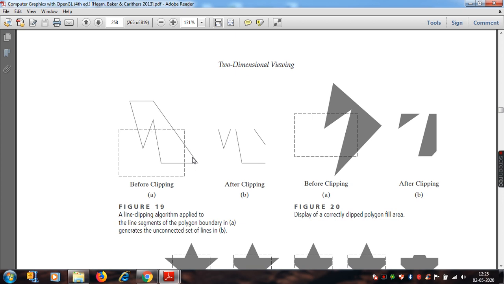Assume that I apply line clipping here: this is one line segment, this one line segment, this one, and this one. So this is the given polygon. When I apply my line clipping algorithms on this, what I get is this one.